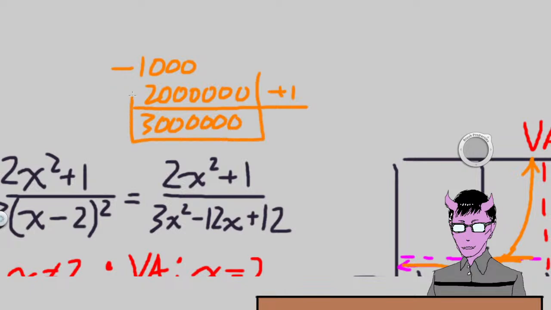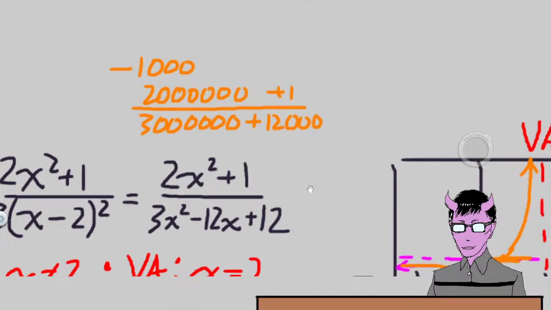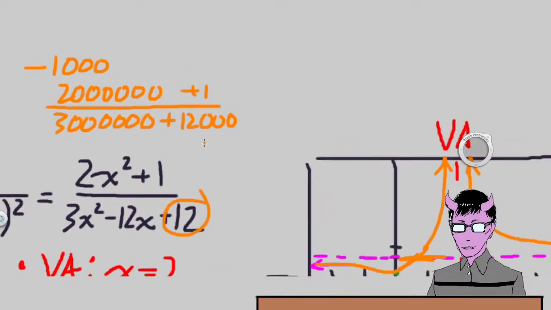So if we just had this, it would have been 2/3. But we don't have just that. We have minus 12 times minus 1,000, which is plus 12,000. And we still have a plus 12 technically, but this is not so important.